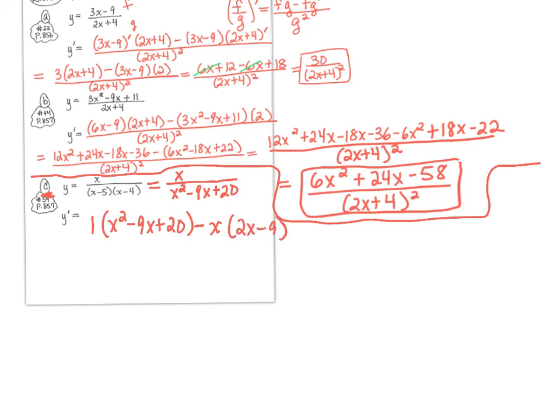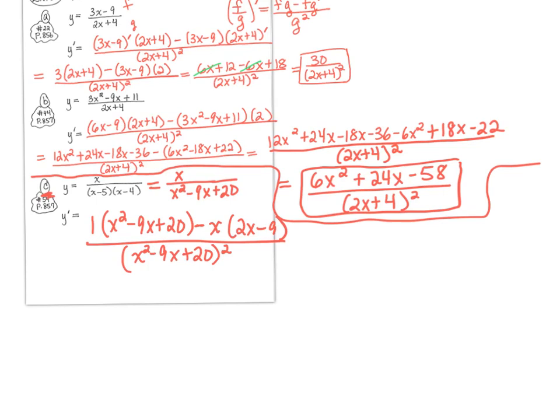Does everyone agree? What else do we need to write? What do we need to do with that? Quantity squared. Good. You're almost there. You got it.